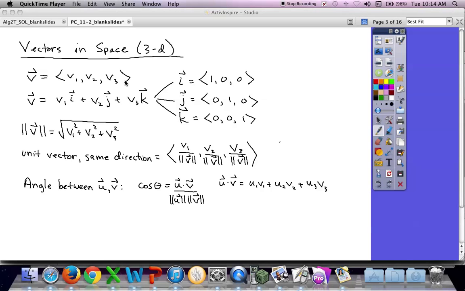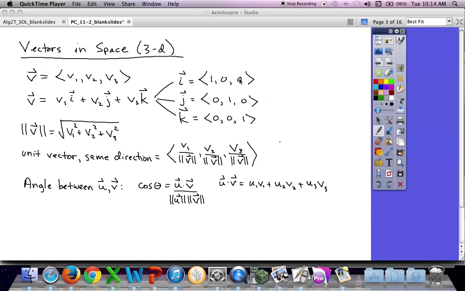Now remember, we had another way to write a vector, which was as a linear combination of the standard unit vectors, which at that time we only had i and j. But now we've got to add a 3rd standard unit vector. So i now, before it was 1, 0, but in 3 dimensions it's 1, 0, 0.